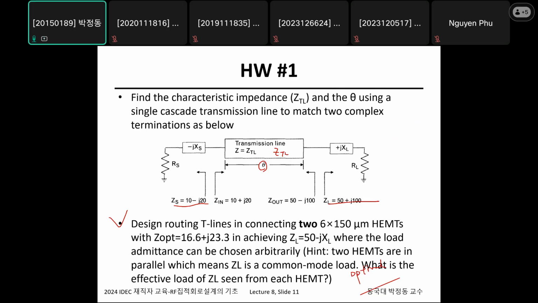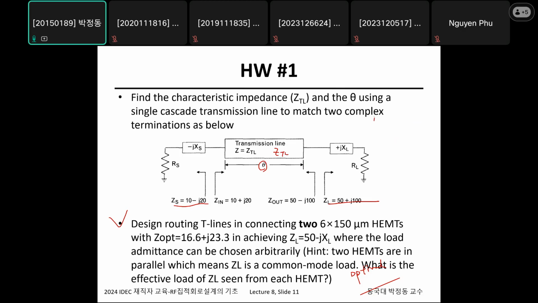Maybe Sangjin and Taeun must be interested in this. Design a routing transmission line connecting two 6 by 150 micrometer HEMTs with a G opt equal to 16.6 plus j23.3, achieving XL equal to 50 minus jXL, where the load admittance can be chosen arbitrarily.